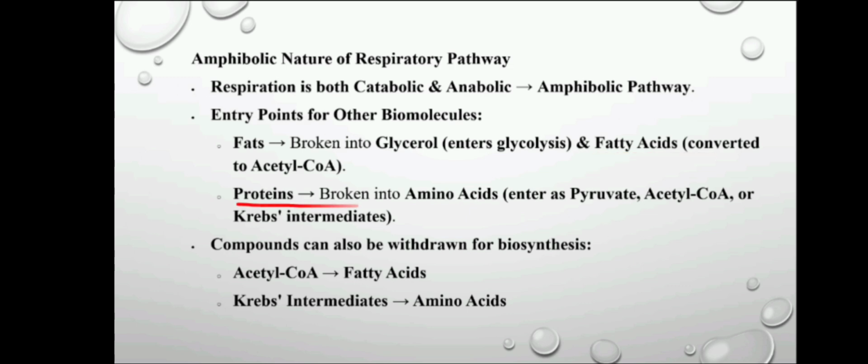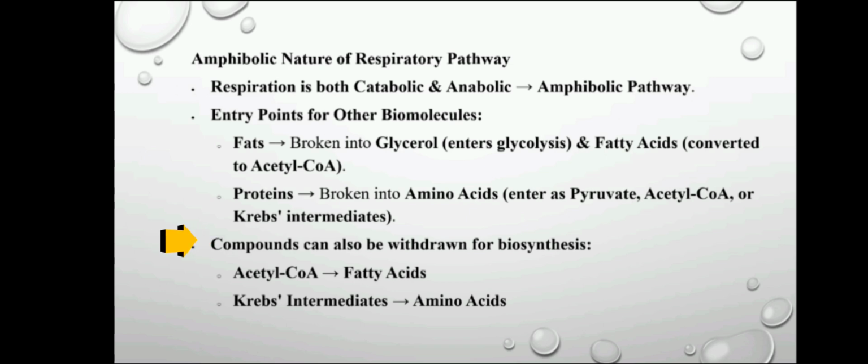Then protein breaks down into amino acids, and these amino acids can get converted into pyruvate, acetyl coenzyme A, or any other Krebs cycle intermediate and enter the respiratory pathway. So we can clearly see that there are molecules which enter the respiratory pathway. In the same way, there are molecules which can exit from it as well.